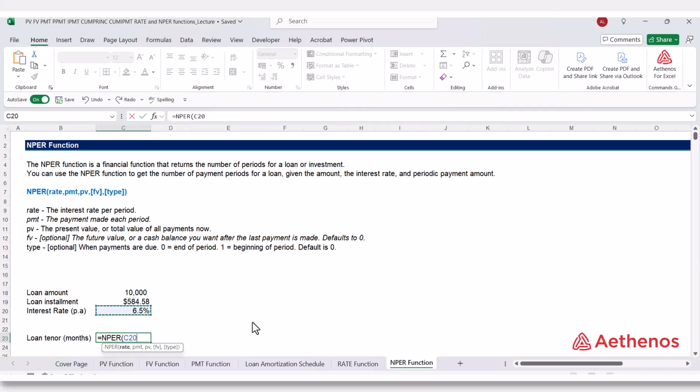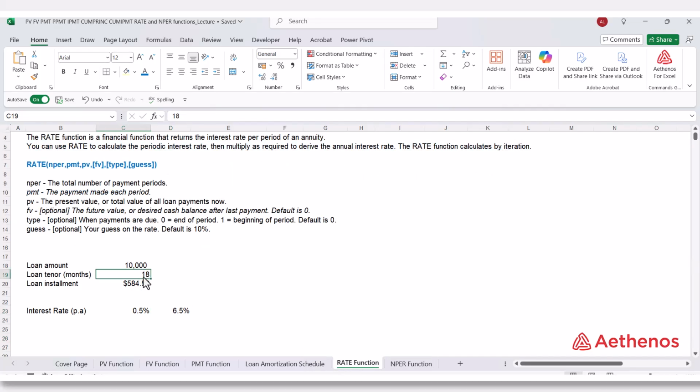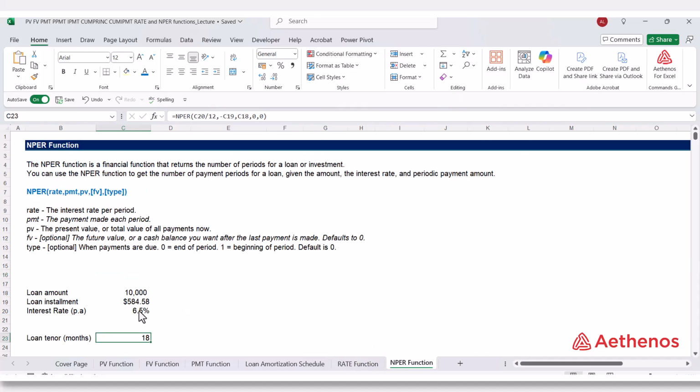This is the annual rate, so we divide that by 12, and then PMT is again minus this value, and the present value is the loan amount, and future value is 0, and the type is 0. I press enter and I get 18 months. This is the same example we used earlier, so 18 is the correct tenor. The number of payments we got is 18, so that is correct.